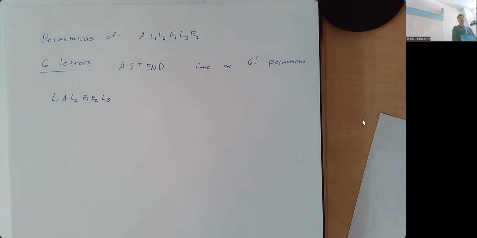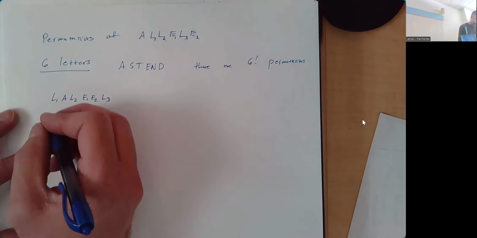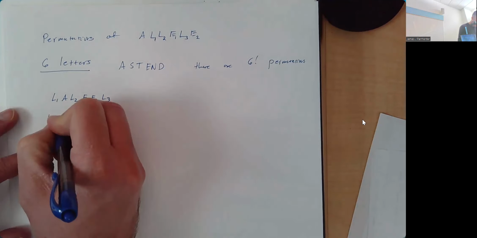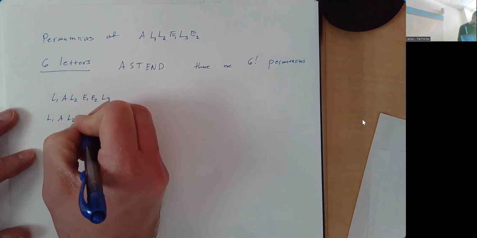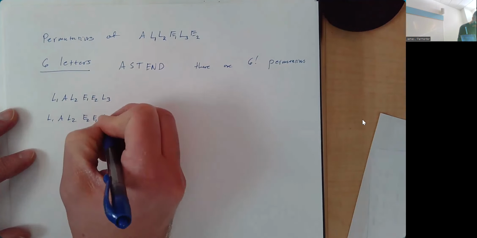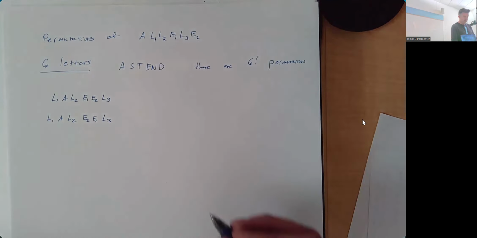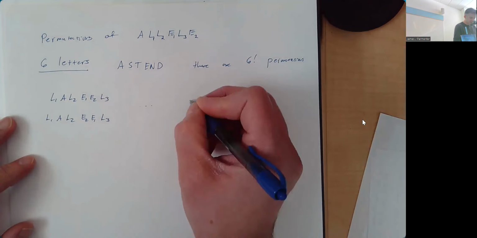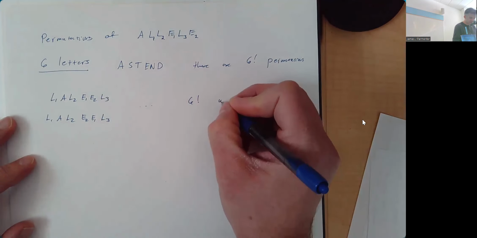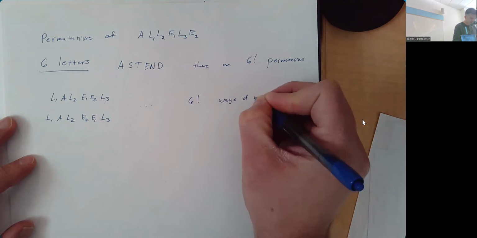And at least in the beginning, I might count that differently than L1, L2, E2, E1, L3. I'm thinking of those as different, even though I shouldn't be. I'm going to fix it. So at least at the beginning, I'm thinking, okay, there are 6 factorial ways of rearranging.